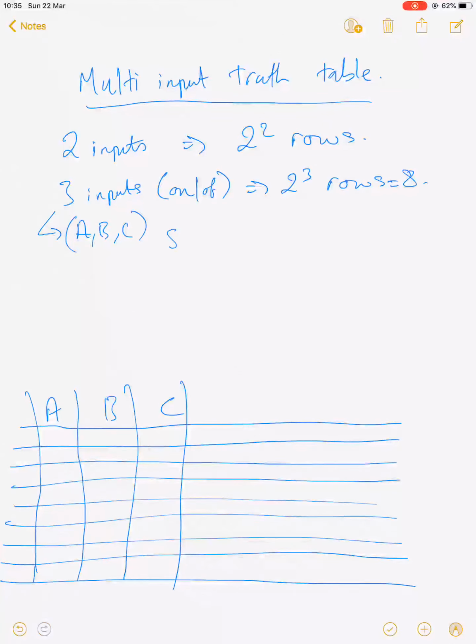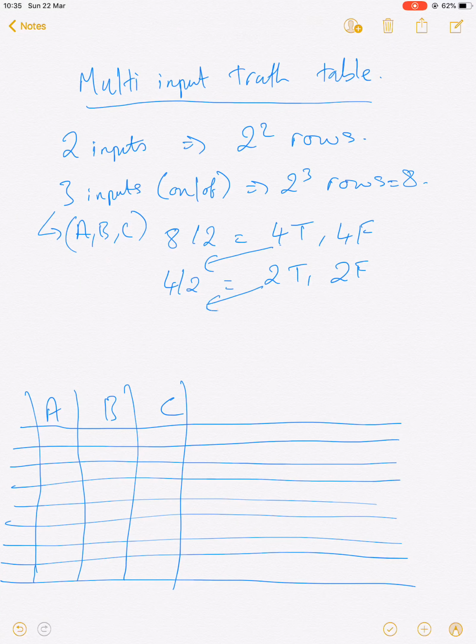So we say 8 divided by 2, this gives us 4 trues followed by 4 falses. Now we take the 4 and say 4 divided by 2 gives me 2 trues followed by 2 falses. The 2, we take this down, we say 2 divided by 2 gives me 1 true followed by 1 false, yeah?